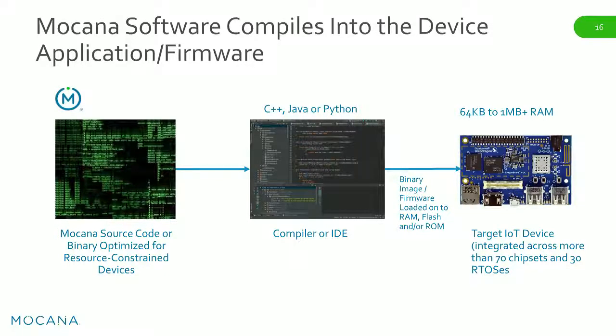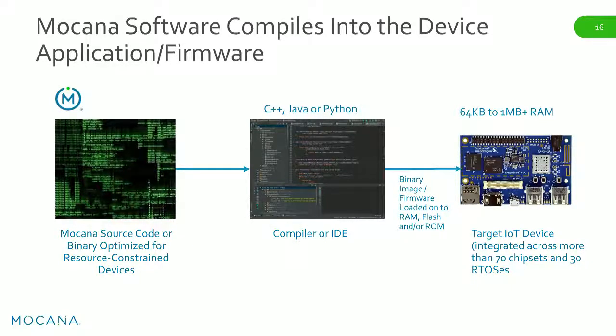In a simple way, right, we'll typically provide source code or binaries that you can compile into your application, C++, Java, or even Python, and that compiled image can exist as a binary or as a set of libraries, but then that gets loaded into the actual target device.